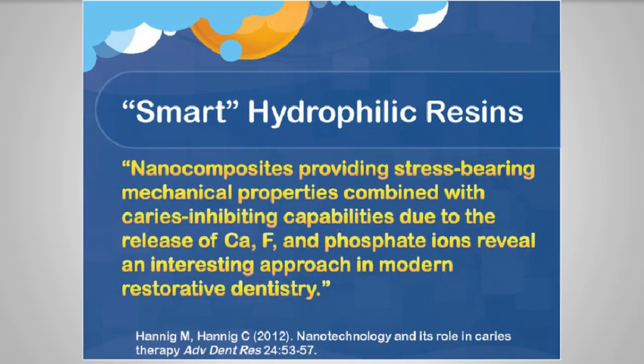They provide stress-bearing mechanical properties combined with caries-inhibiting capacities because of the release of the calcium, the fluoride, the phosphates, and enable this modern restorative type of material to be very successful in our day-to-day work.